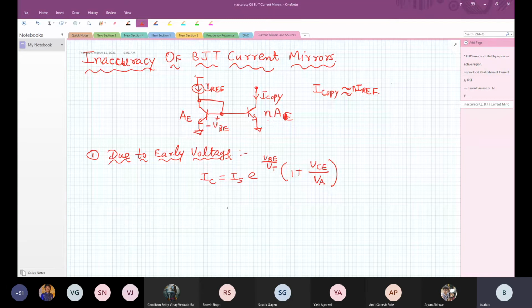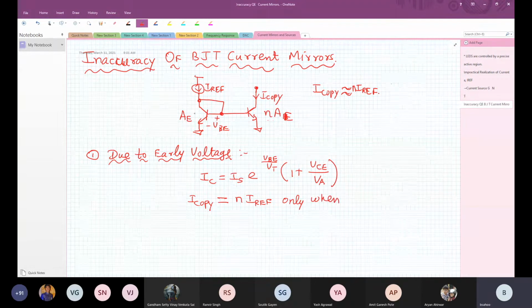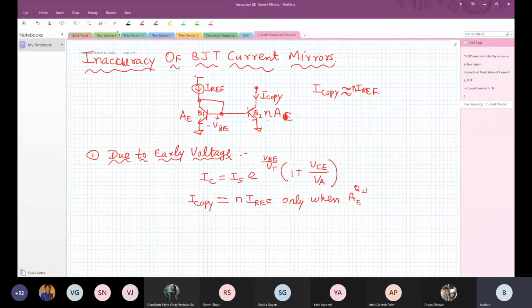Now I copy will be exactly equal to N IREF only when, let's call this Q1 and this Q2, the VCE of Q2 is exactly equal to VCE of Q1.